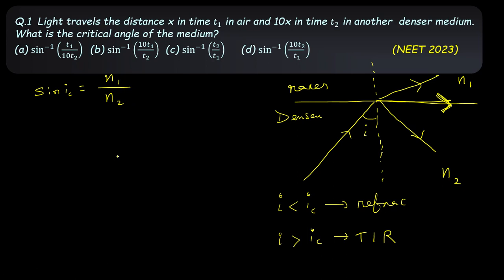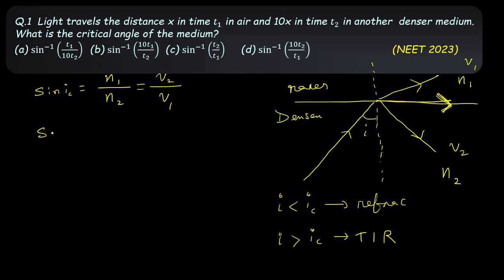Okay, fine. So in this question we have to find the critical angle. To find the critical angle we need the refractive indexes, which are not given. However, the refractive indexes are inversely proportional to the velocity. Let's say the velocity here is v2, and here it is v1.